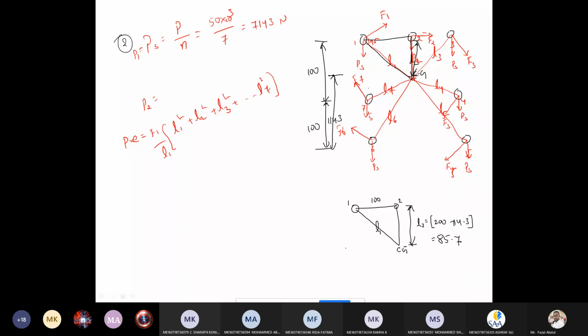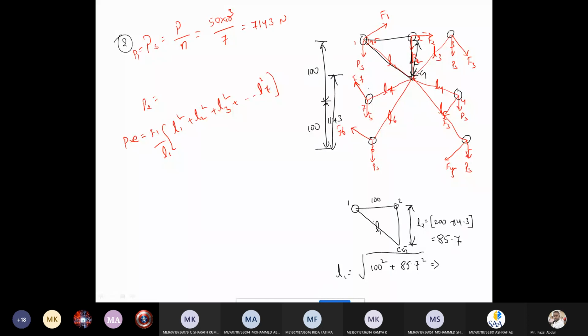Now, as per Pythagoras theorem, tell me the L1 value. 100 square plus 85.7 square. Now, how much is L1? Make it fast. How much, Babu?